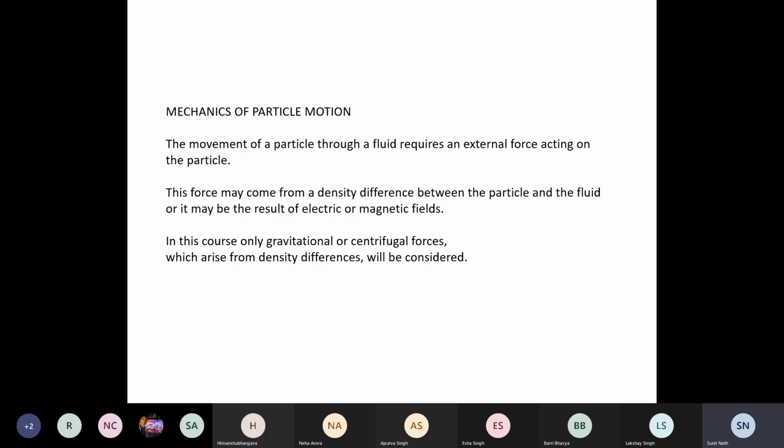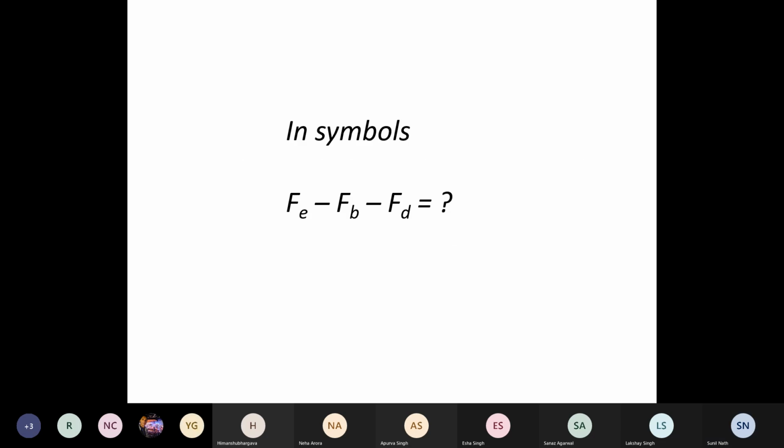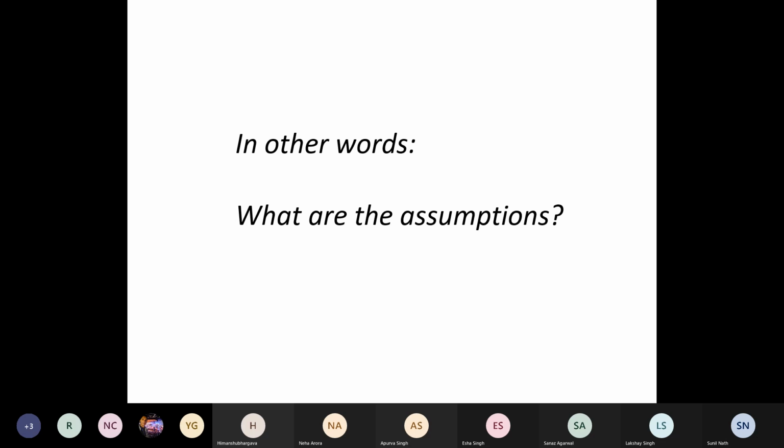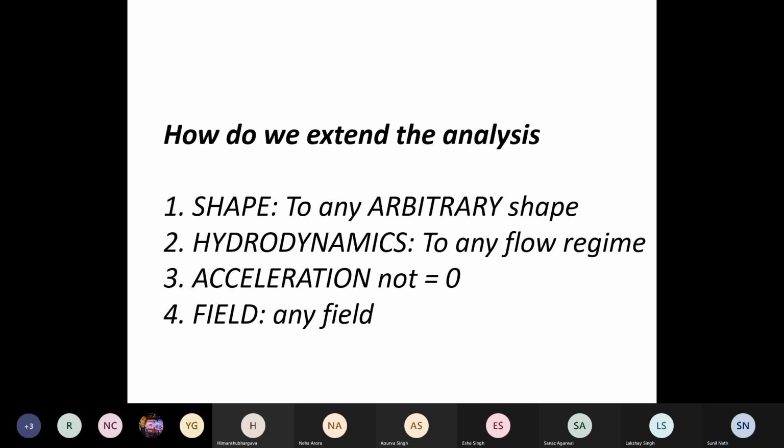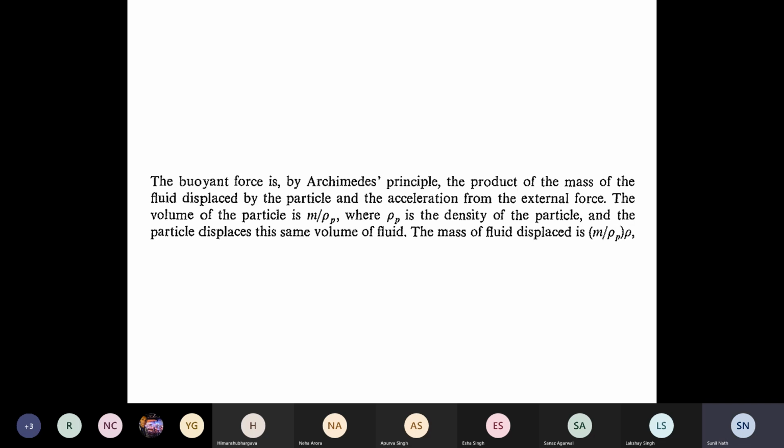Let us see if that shows up. One minute.